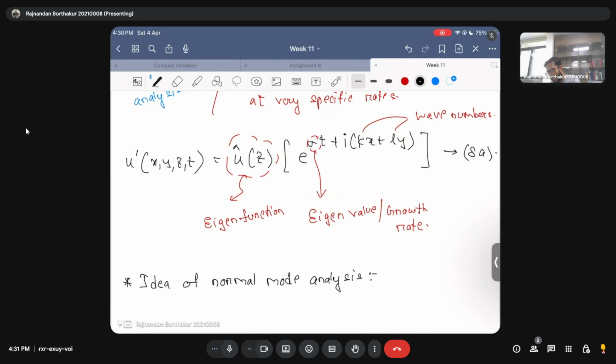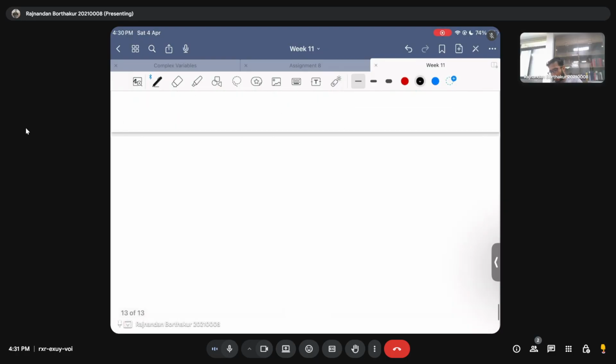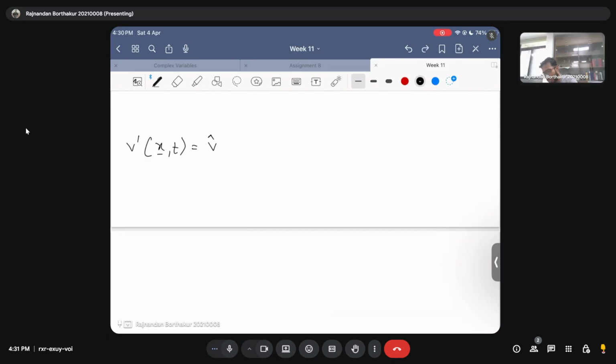Okay, all right, then let's quickly write down the other components as well. So for example, we can then have v prime of x comma t, and this is equal to v hat of z, just how you have written u dash, times e power sigma t plus ikx plus ly.